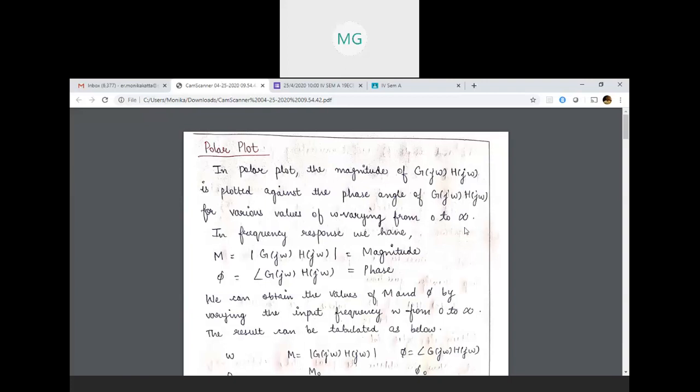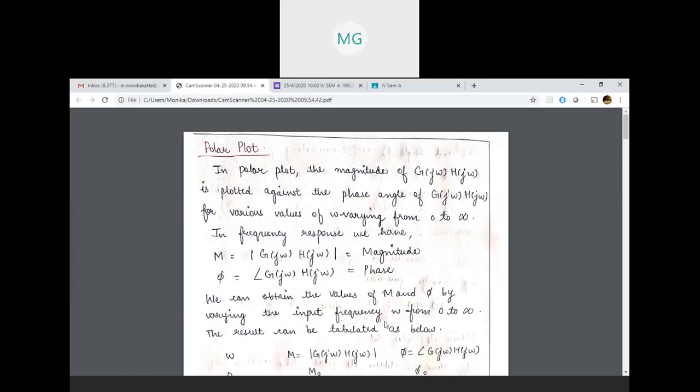In frequency response, we have magnitude represented by capital M, which is the magnitude of G(jω)H(jω), and phase represented by φ, which gives the phase angle of G(jω)H(jω). We can obtain the values of M and φ by varying the input frequency from 0 to infinity.